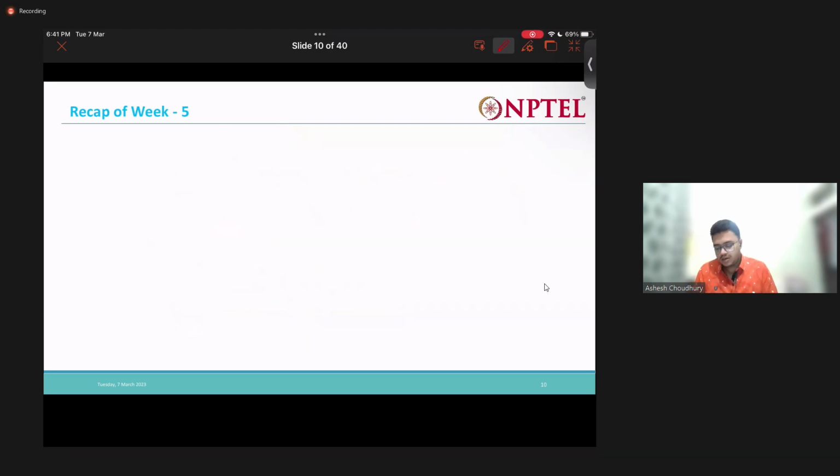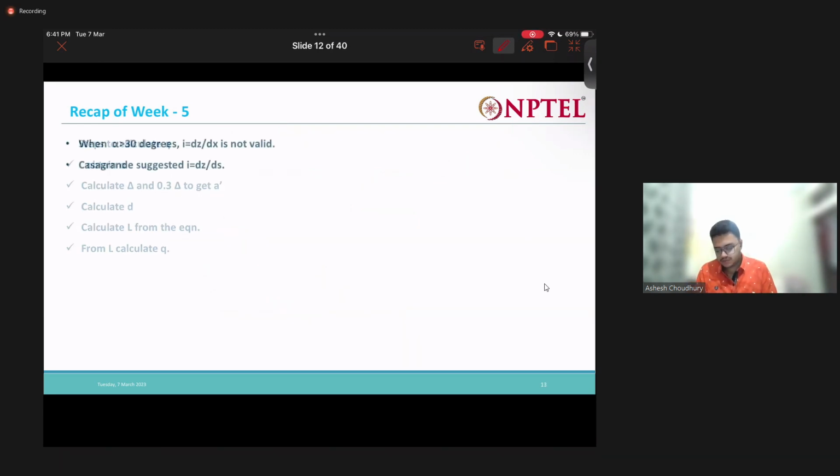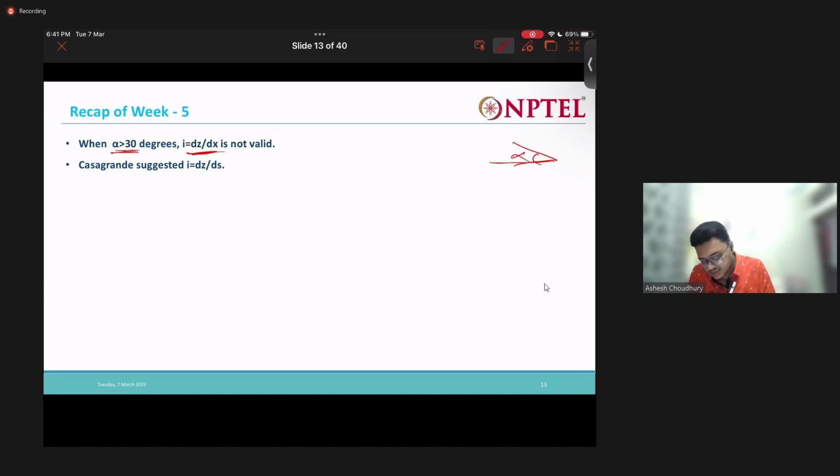Now, Casagrande told that if this alpha angle, the angle at the exit towards the tailing side, is greater than 30 degrees, then this I equal to dz by ds is actually not valid. So he suggested that it's better to take I equal to dz by dx.